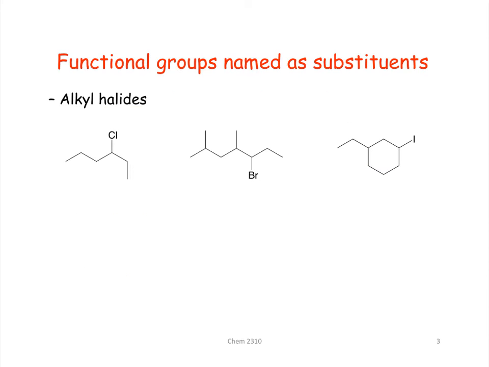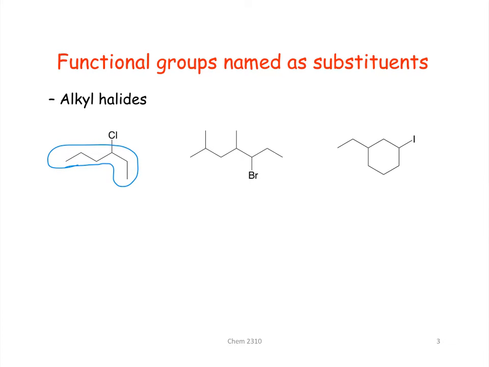The first group of molecules that we're going to name are the alkyl halides, or the haloalkanes. In these cases we name them just like the halogen was a methyl group or an ethyl group. We just treat them as another substituent. There's no priority at all. If we start on the left, we're going to pick out the longest carbon chain, so that's going to go down like this.